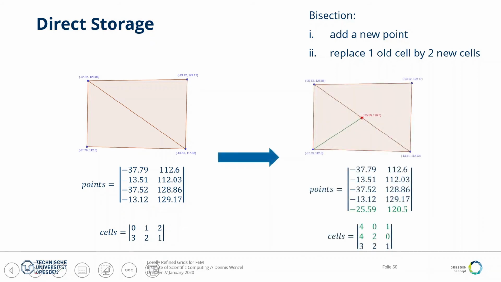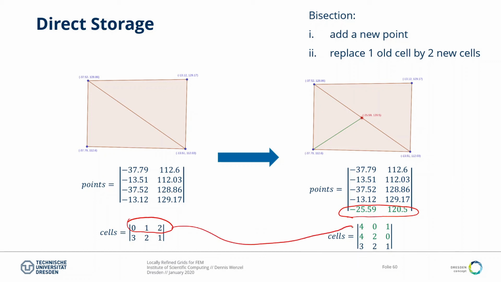And that looks exactly like this. So you do a cutting of the bottom left triangle, you add a new point here, so the middle point of the refinement edge, and you replace this original line 0, 1, 2 by 4, 1, 0 and 4, 2, 0.